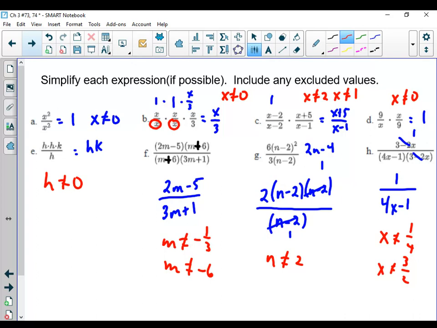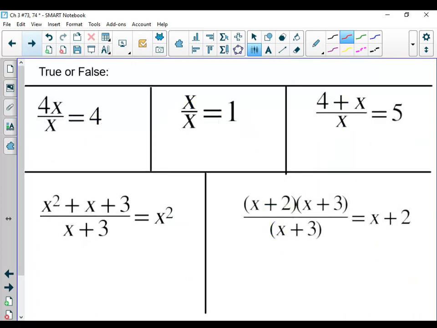Now, the nice thing about all these were in a form where it was somewhat, at least, easy to figure out what things matched and what we could cancel. Sometimes that's not the case, though. So I've got some true or false here, and I want you to think about it. For each one, I want you to try to figure out, okay, is that a true equation or is that a false equation? So look at those 5 equations, and then we'll see what you think.